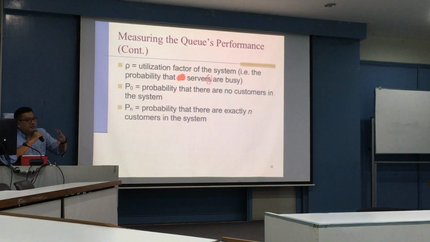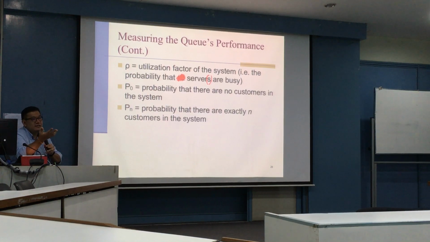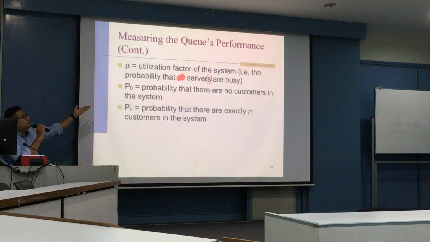Rho means the probability that when you arrive at that bank, you see at least one bank teller providing service to a customer. It can be just one bank teller providing service, or just 2 bank tellers, or all of them. We don't care. We talk about the probability that when you arrive to the system you see at least one service provider working. So we call that the utilization factor, rho.